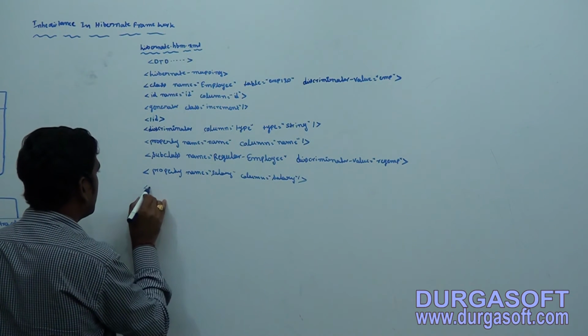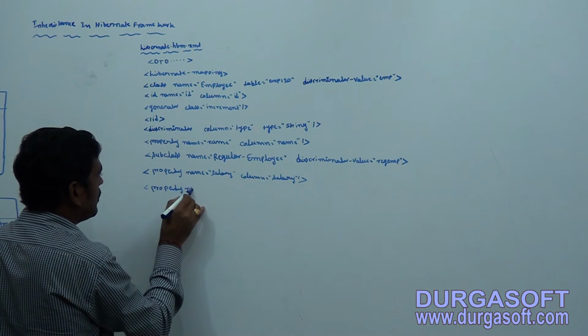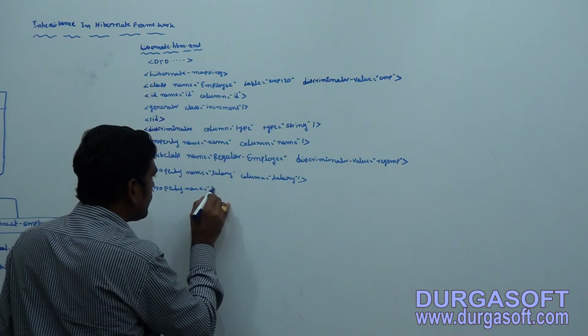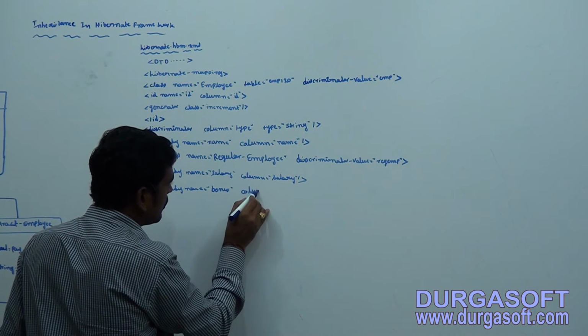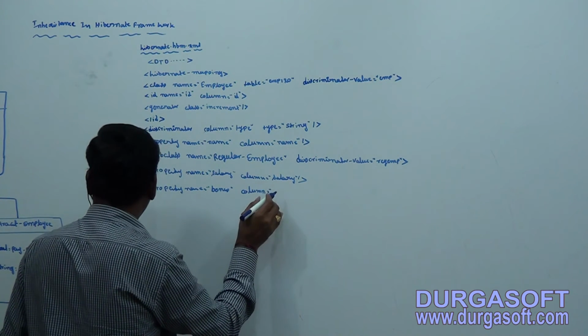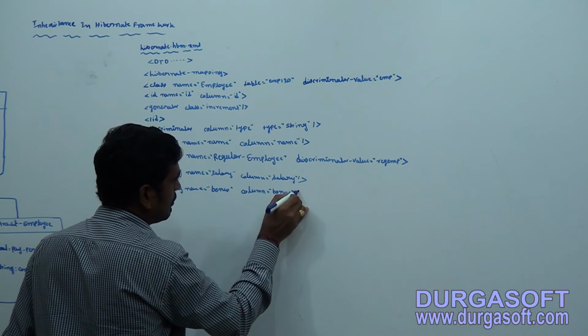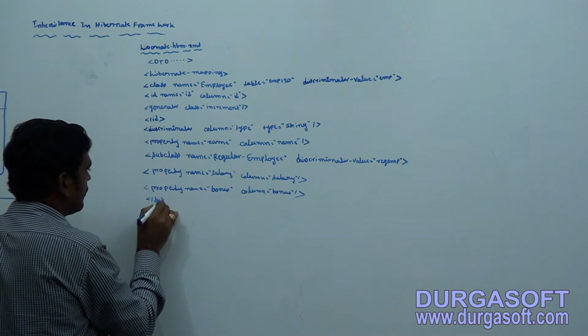The next, property name is equal to bonus. Column is equal to bonus. Then close the subclass.